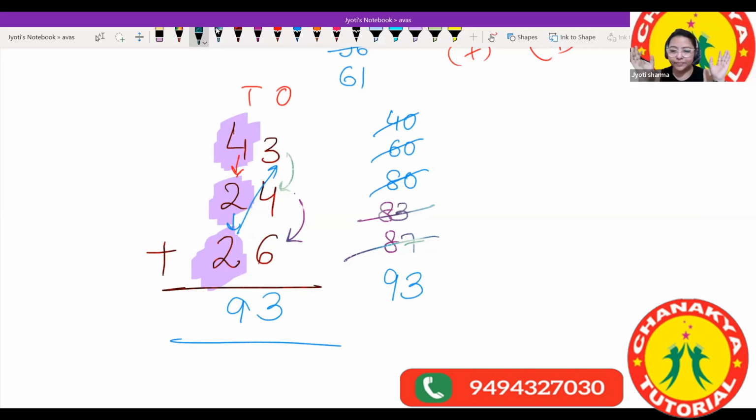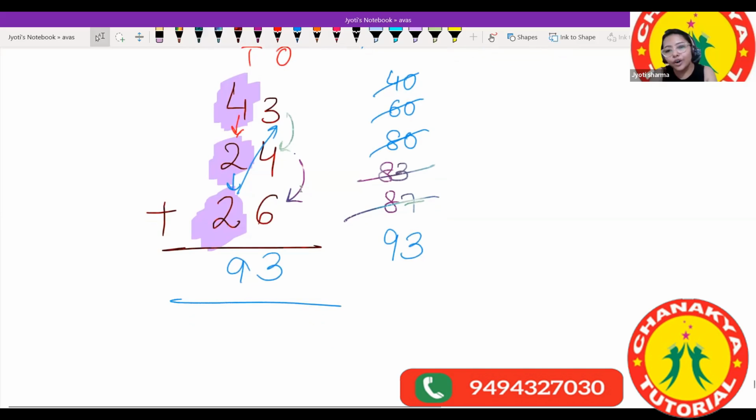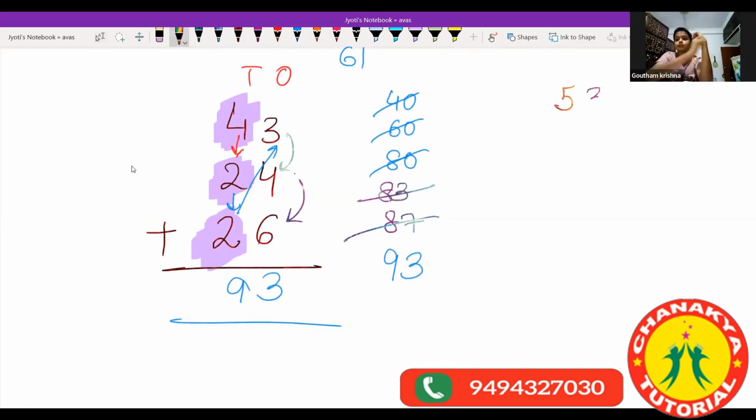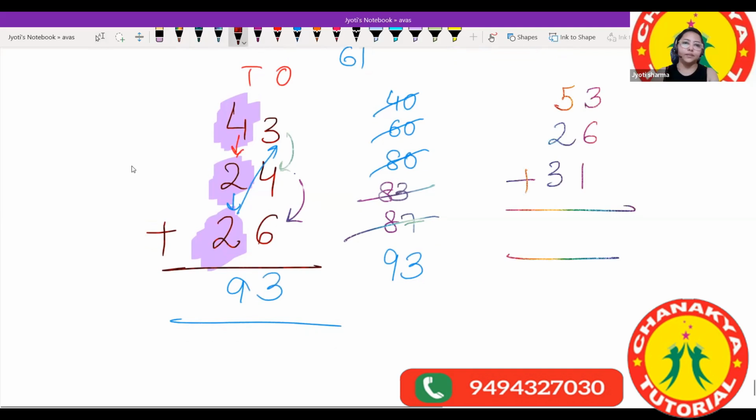Ma'am, can you give me the question? Just read your question according to the place value and you will be able to do it. Okay, now do it. 110.